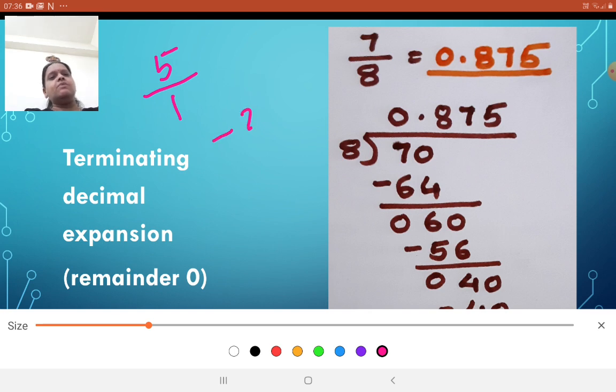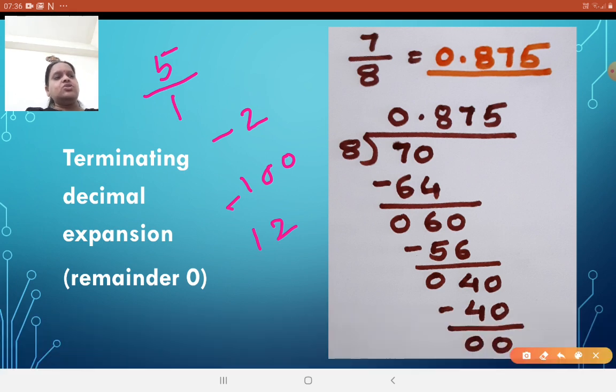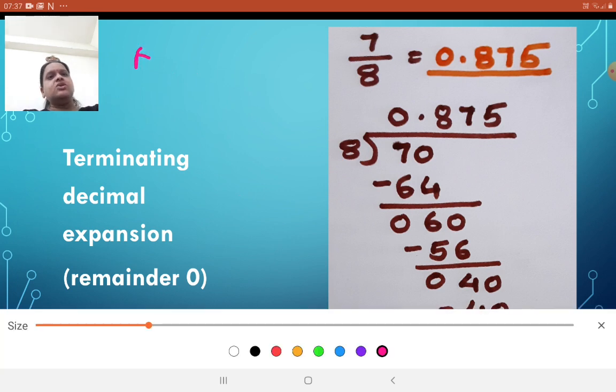So for example -2, -100, then 12, all these numbers, whether natural numbers, whole numbers or integers, are terminating decimal expansions. I will repeat once again: all natural numbers, all whole numbers, all integers are terminating decimal expansions.